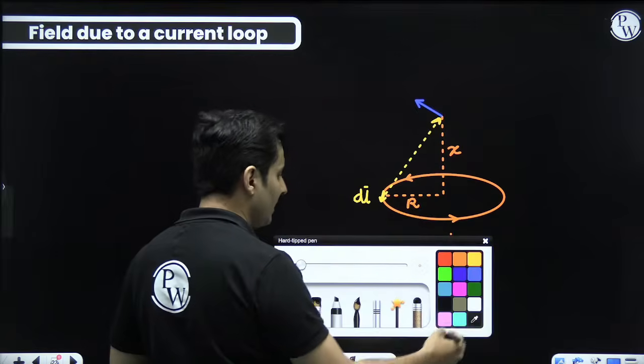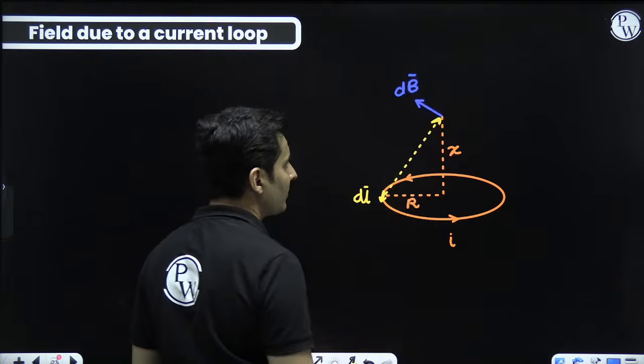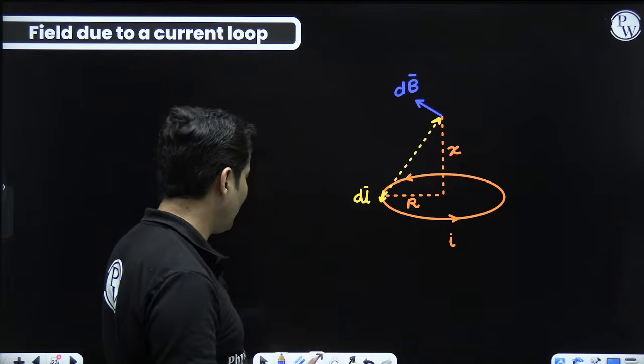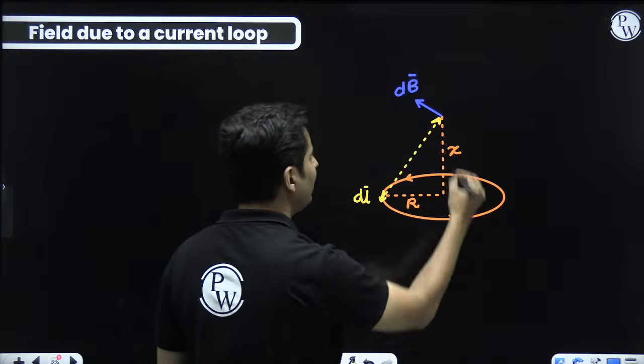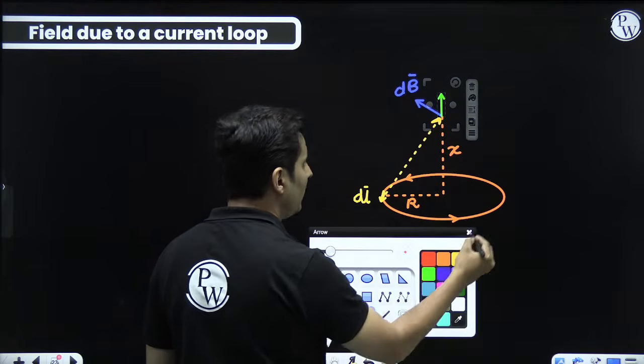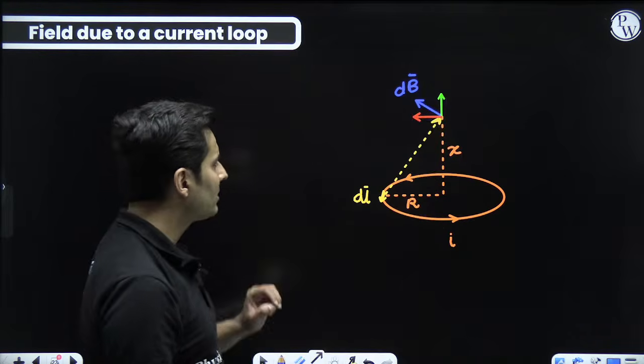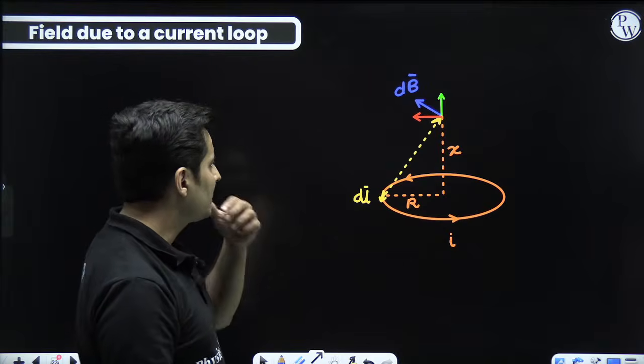This is very, very interesting. So the magnetic field will come basically like this. Now this magnetic field will have two components. One component will be here, okay, and the other component will be basically like this. Okay, now let's understand.